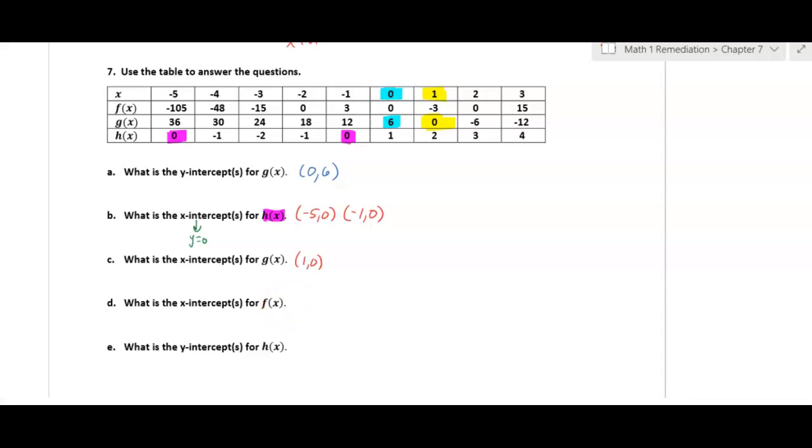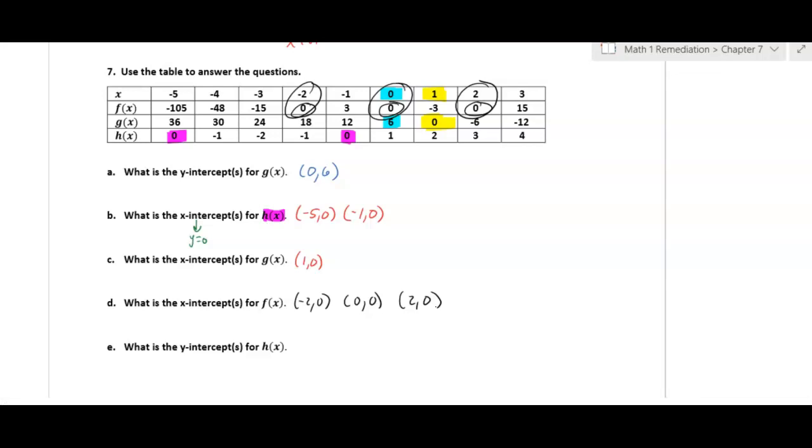If I look for f of x, I'm looking for a y value of 0, y value of 0, y value of 0. This has 3 of them. So here's one x-intercept, which is at -2, 0. Another one would be at 0, 0. And the third one would be at 2, 0. So remember, x-intercepts always have a y value equal to 0.